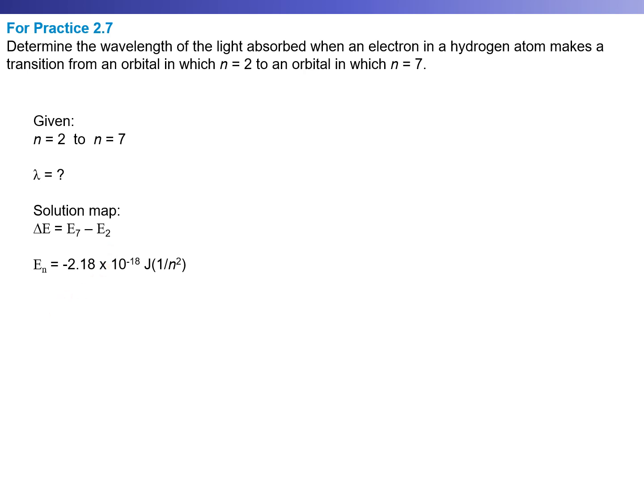Once we get this change in energy, that'll tell us about the energy of the light that was absorbed when the electron made that shift. Then we can correlate that change in energy to the energy of the photon that it took to energize the electron to make that jump. Now, there's a caveat to this. If you looked at how this problem was solved in the worked example, this statement held true.